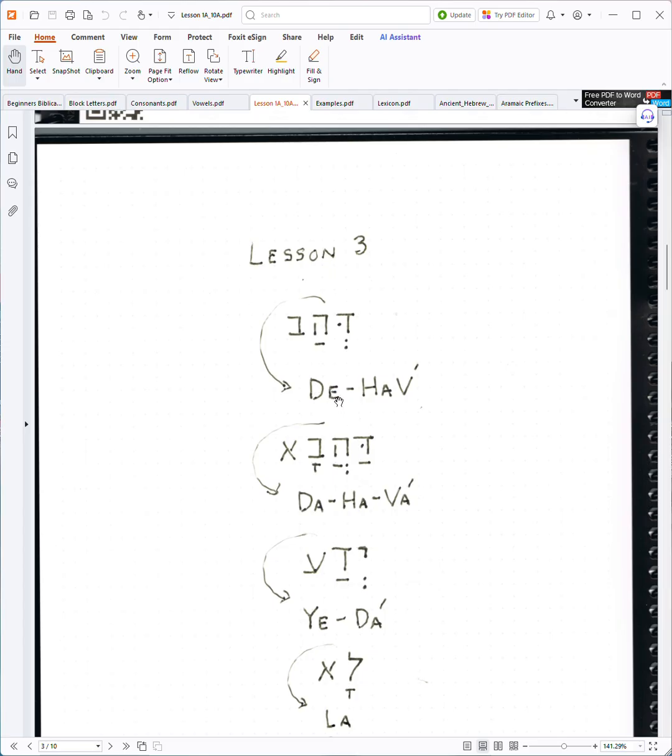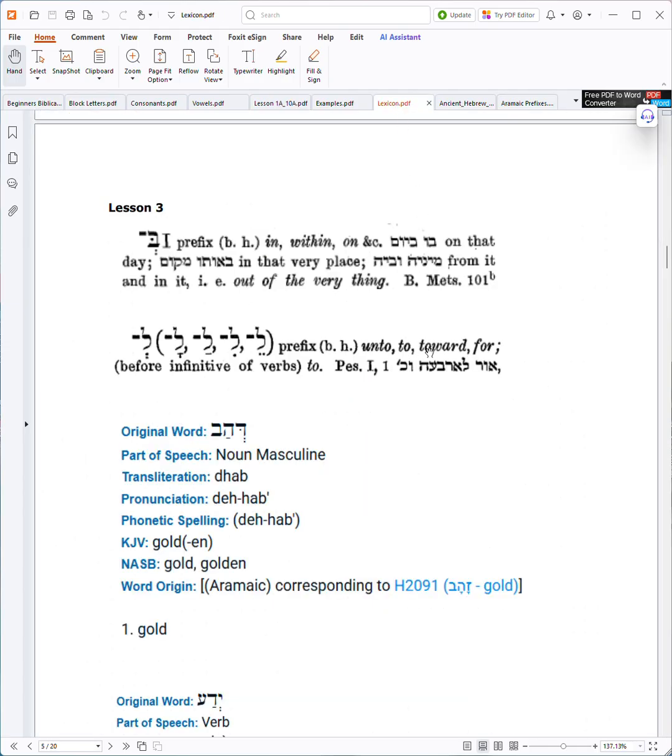And it's an E vowel, so it's D-E, and then we have the hay, and the patach, and a vet. So it's dehav, dehav. And so we have it here, dehav.